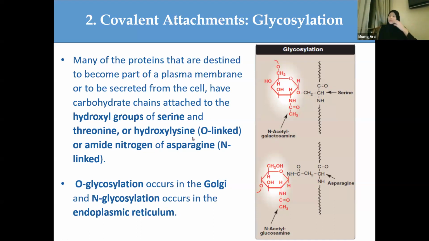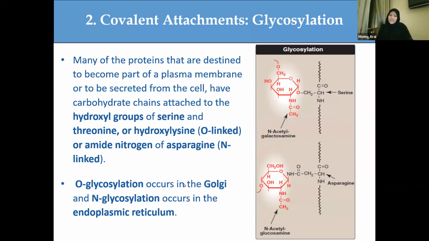You can memorize it as galactosamine, or N-acetyl galactosamine, has a bigger name and a lot more amino acids, serine, threonine, hydroxylysine, which are long names. N-linked is only one example he gave you, asparagine, and it's N-linked glucosamine, which has a shorter name than galactosamine.